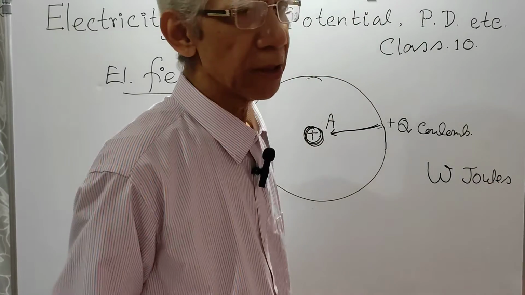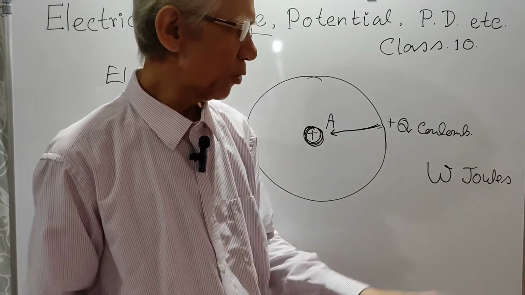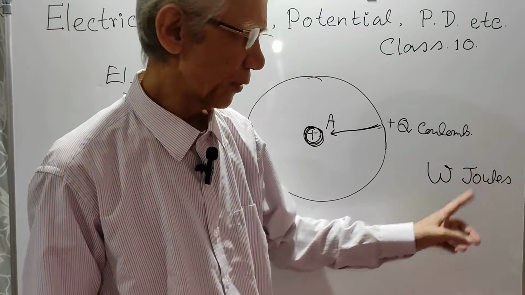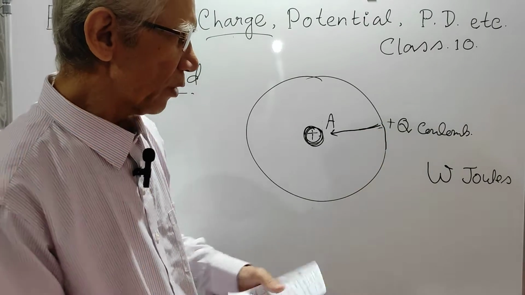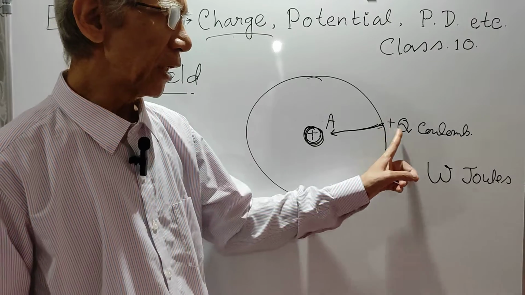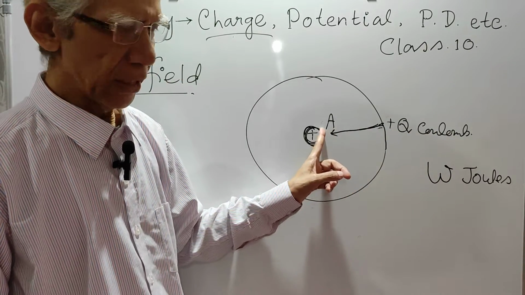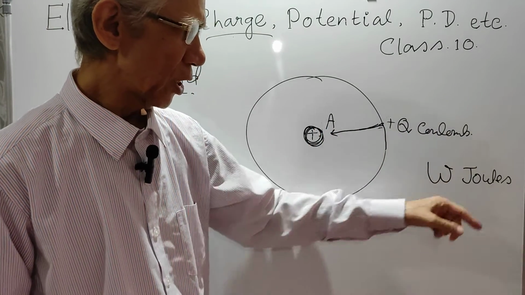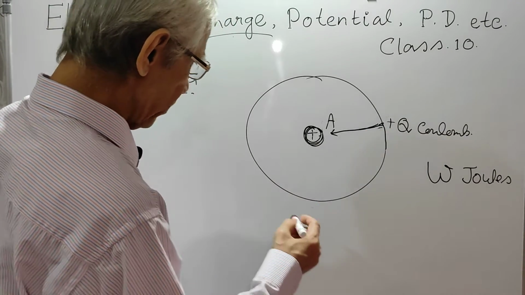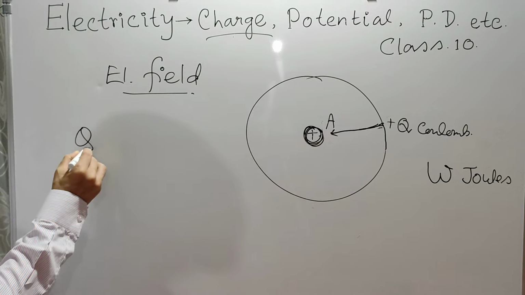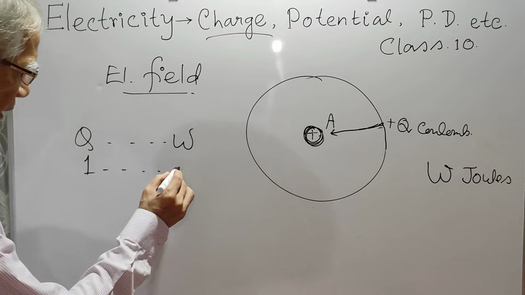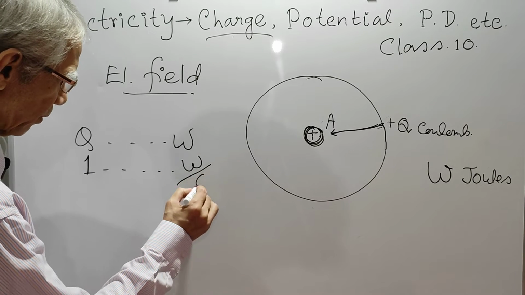In class 9 you learned the SI unit of energy and work. What is it? SI unit of work and energy is joules, isn't it? So from the point of infinity up to point A, you are moving q coulomb of charge, and the amount of work done is W joules. Have you followed? So for q coulomb, the amount of work done is W. Therefore, for 1 coulomb, the work done is W by Q, by the unitary method.